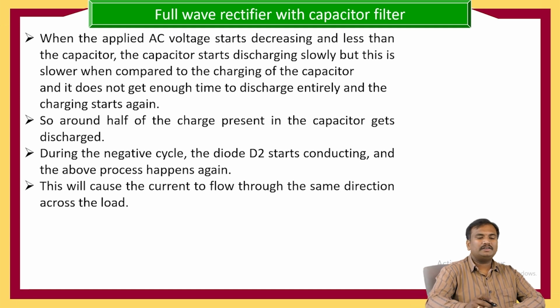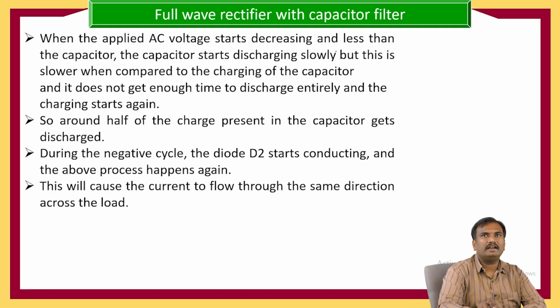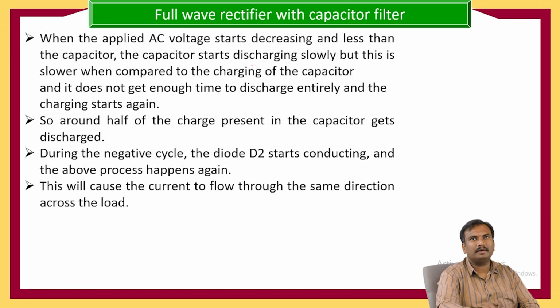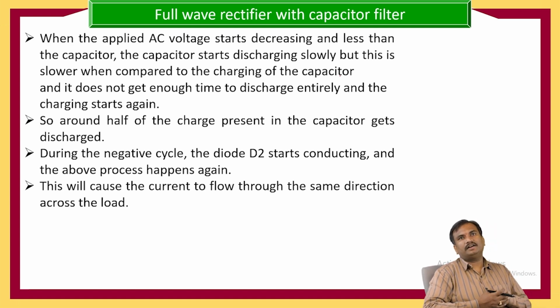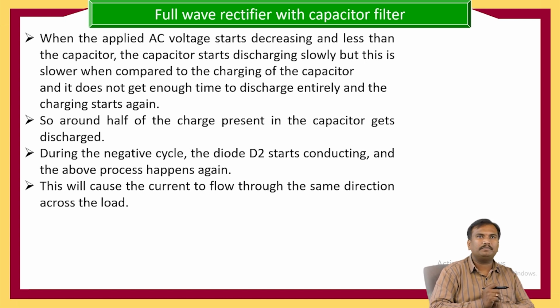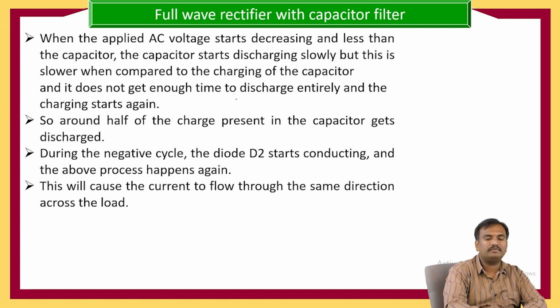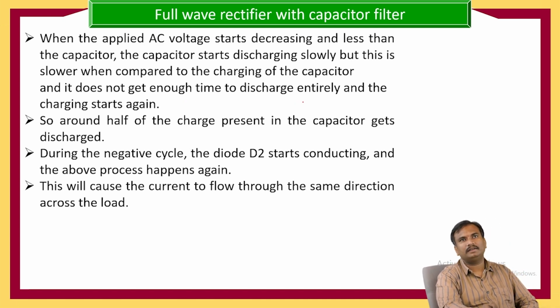When the applied AC voltage starts decreasing, the capacitor starts discharging slowly. But this is slower when compared to the charging of the capacitor. The charging of the capacitor takes very little time, but discharging takes more time. And it does not get enough time to discharge entirely.